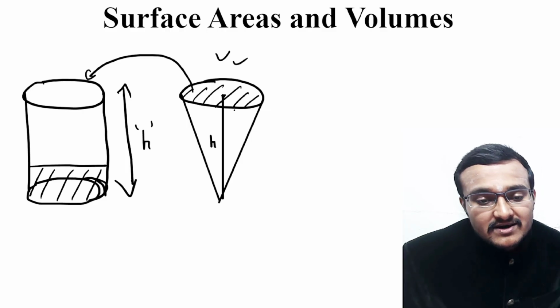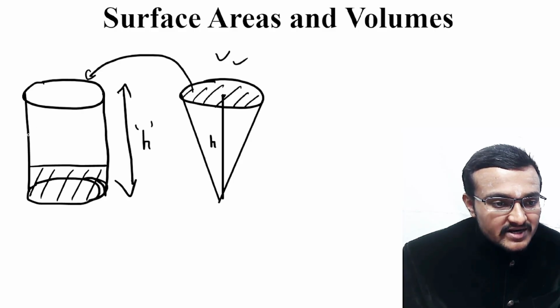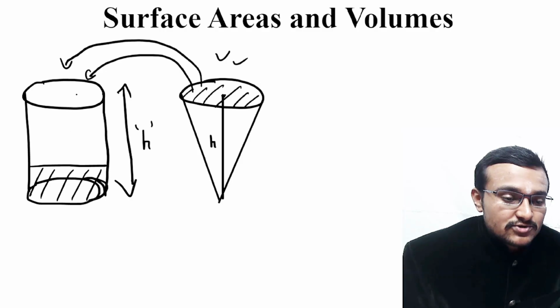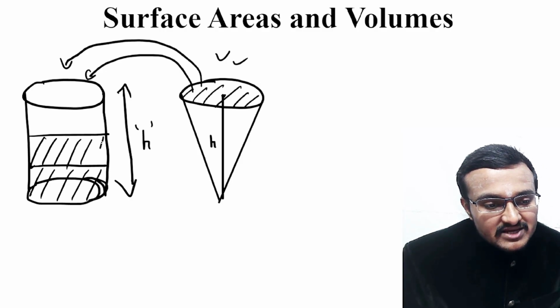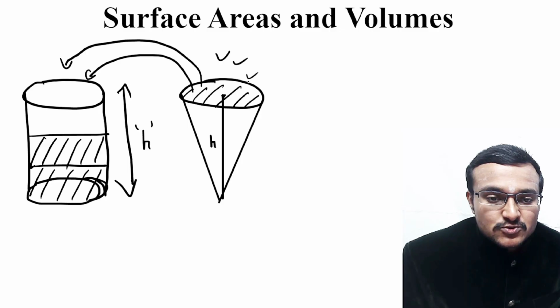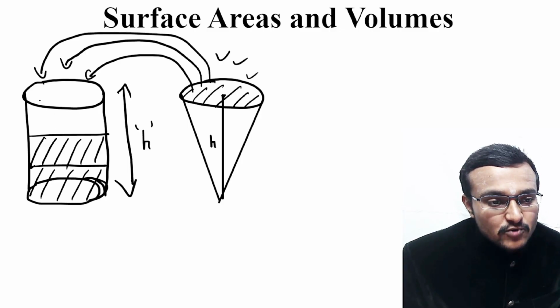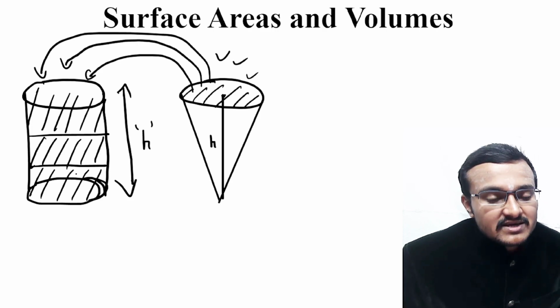Again you can fill this cone completely with water, and again pour the water into the cylinder. Another 1/3 portion of the cylinder will be covered. Again you fill the cone with water and pour it into the cylinder, and the remaining 1/3 will also be full.